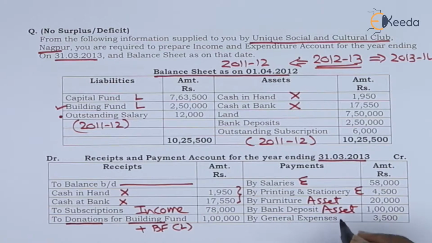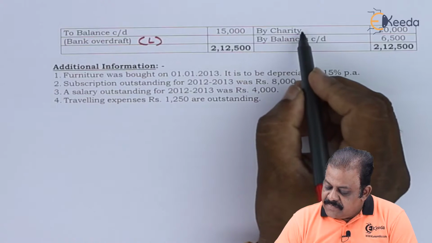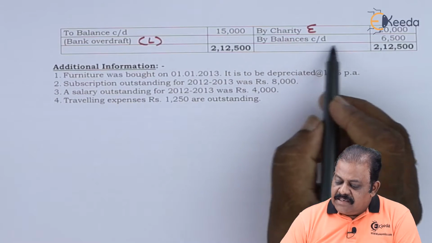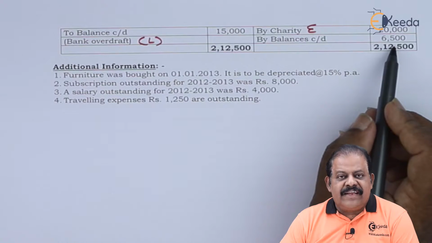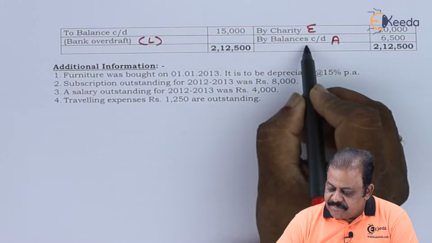General expenses will be recorded as expenditure. Charity will be recorded as expenditure. By balance carried down, that is the closing balance of cash, it will be recorded as an asset.